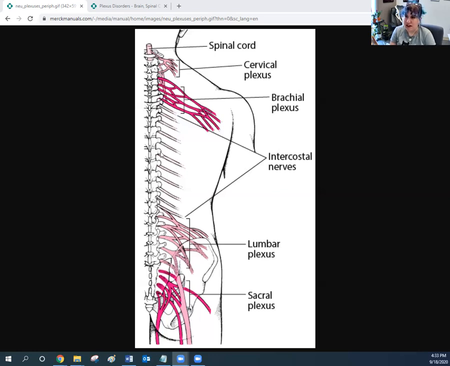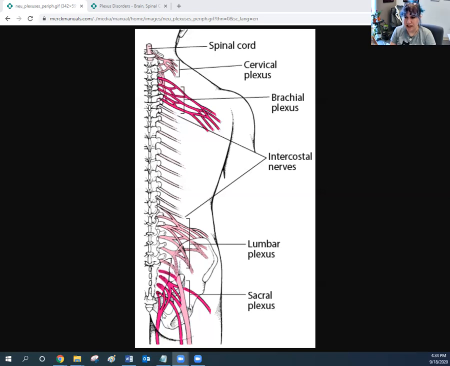Then we have a bunch of intercostal nerves. That means between the ribs. These are going to serve many of the organs in the abdomen and thorax. Then we have the lumbar plexus, originating from the lumbar vertebrae or the lower back. The sacral plexus originates from the sacrum at the very tailbone, the very bottom of the back.